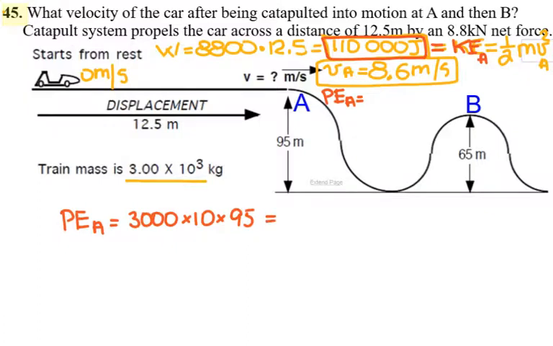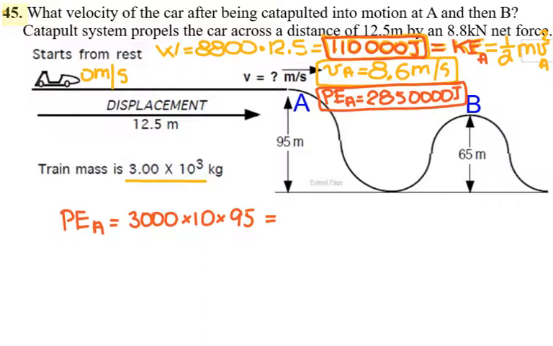I get 285 and 4 zeros, so 2,850,000 joules. That is the potential energy at point A, and this is the kinetic energy at point A. So this is your total energy in the system, and the total energy of the system is going to be conserved.